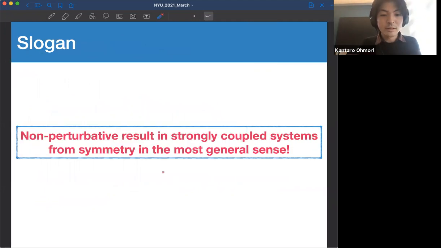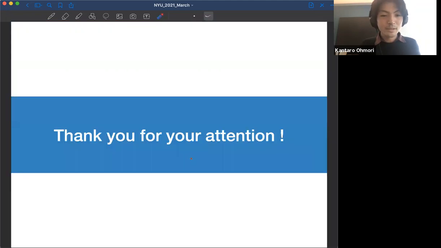So the slogan for my research in the next decade will be getting non-perturbative results in strongly coupled systems from symmetry defined in the most general possible sense. That's the slogan.